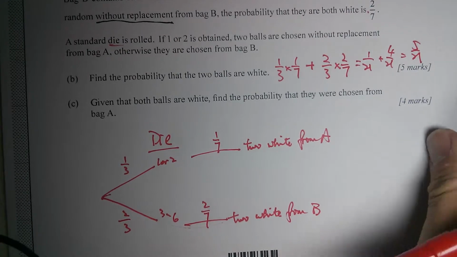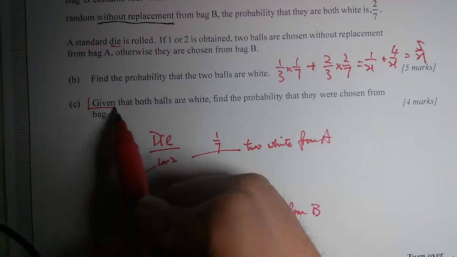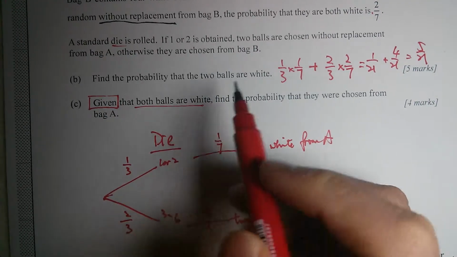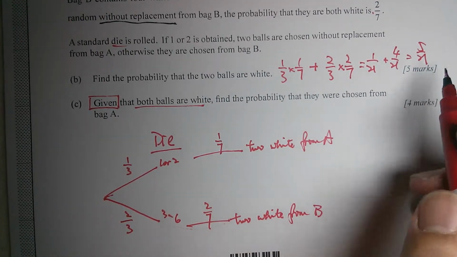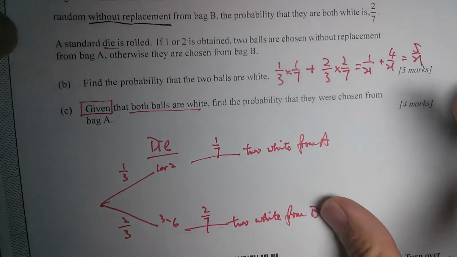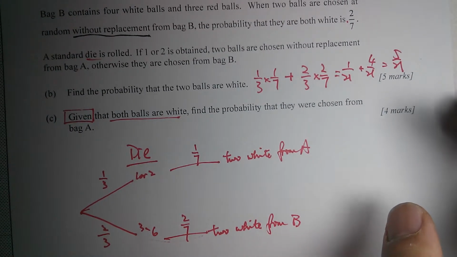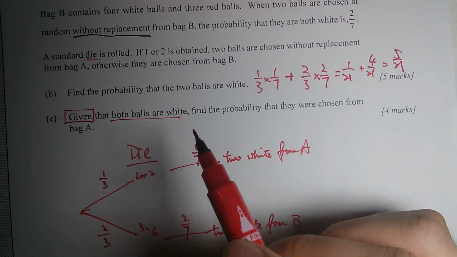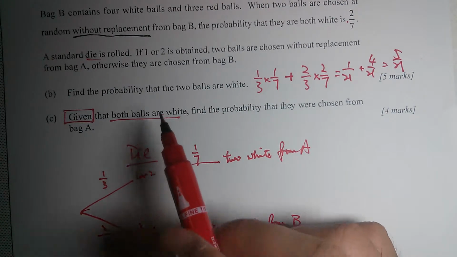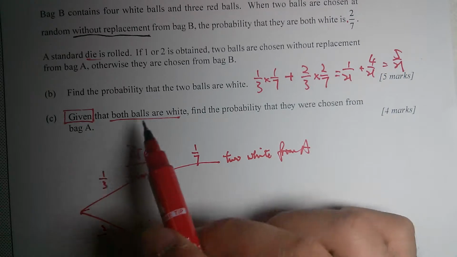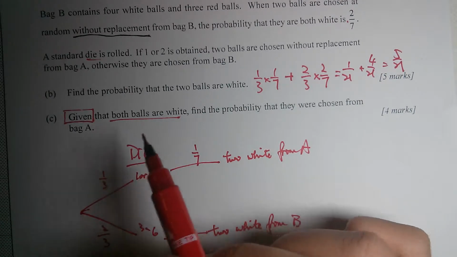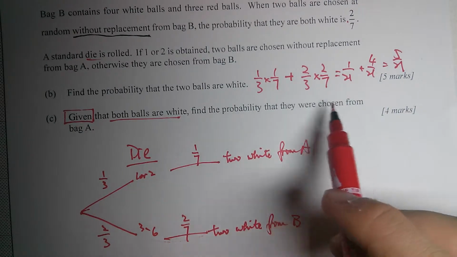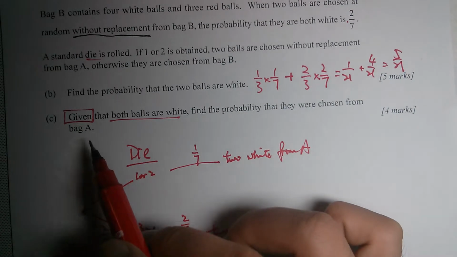Part C. It's a given type, conditional type probability. Given that both balls are white, find the probability that they are from bag A. How do you do the given type? Given simply means your world shrinks, from the chance that you can draw non-white balls, to just white balls.